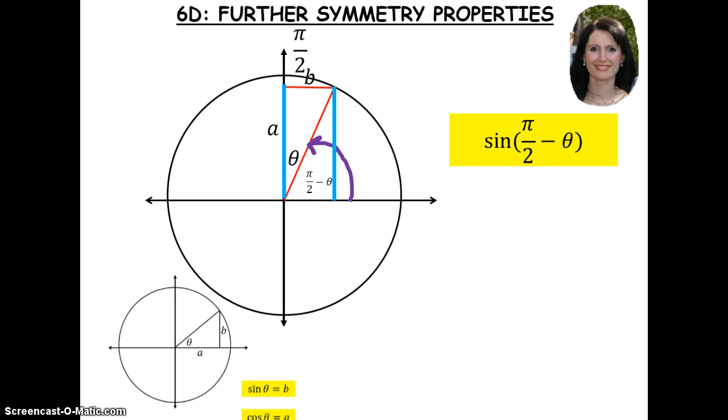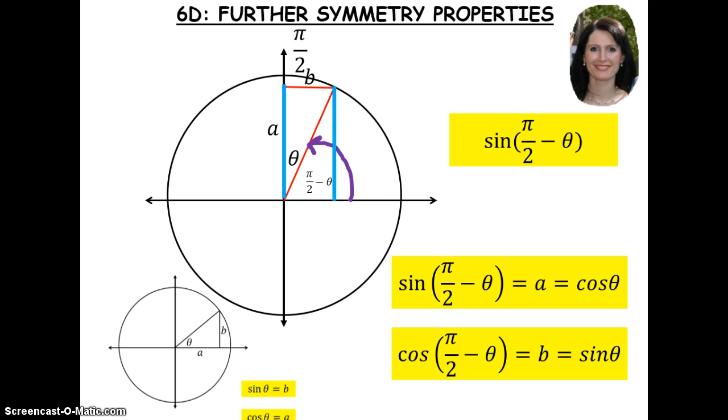As you can see, your A value, I've marked it in blue. It's the same on both those sides there. Meaning that sine of pi on 2 minus theta equals A, which equals cos theta. Because cos theta, as we can see from the little unit circle on the left, is the same value, it's A. And that is A now, which is sine of pi on 2 minus theta.